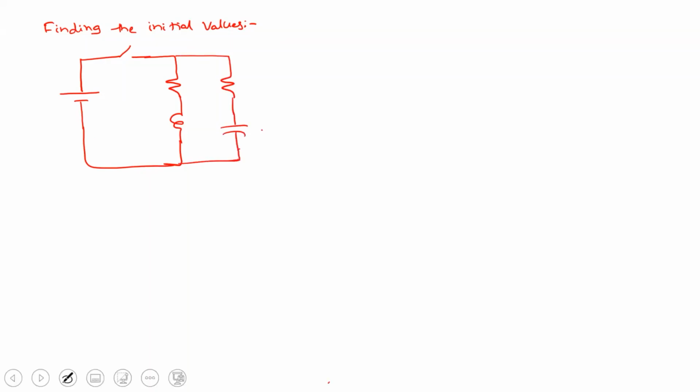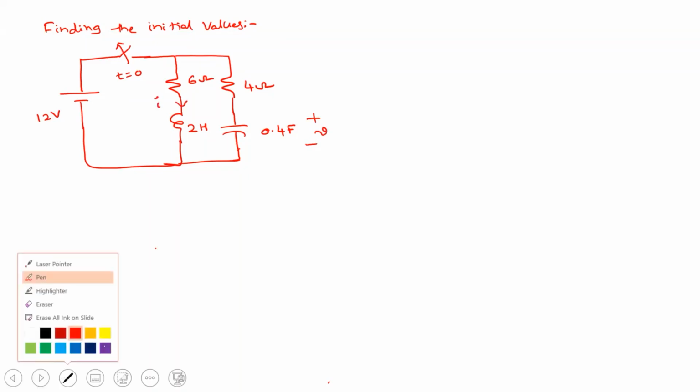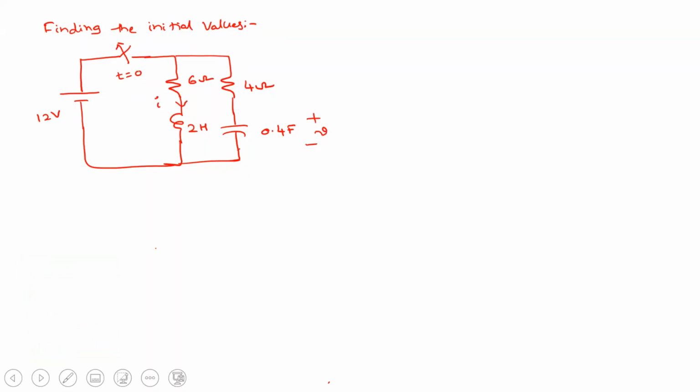This is 0.4 farad, this is 4 ohm, this is 2 Henry, and this is 6 ohm, and the source value is 12 volts, and this particular switch is open at t equal to 0. This is the voltage across the capacitor V, and this is the inductor current I.